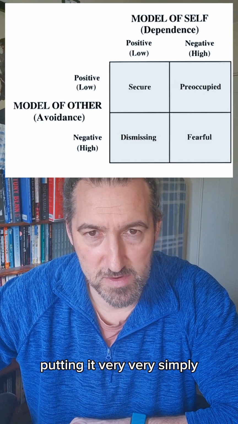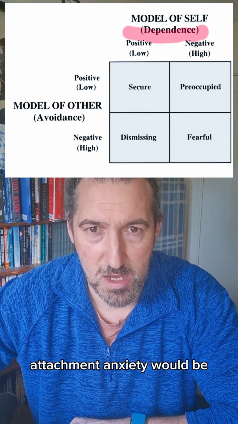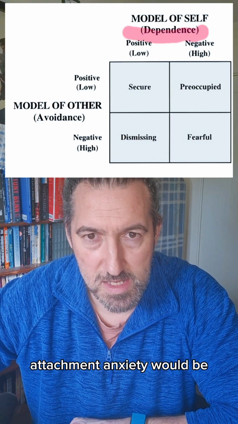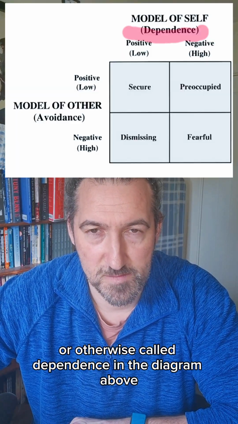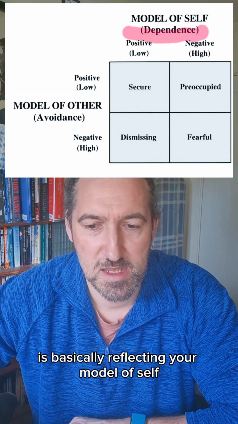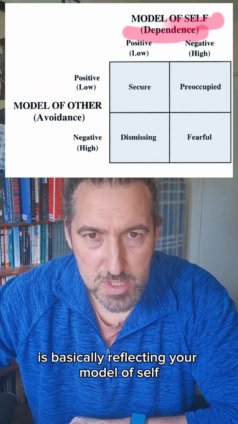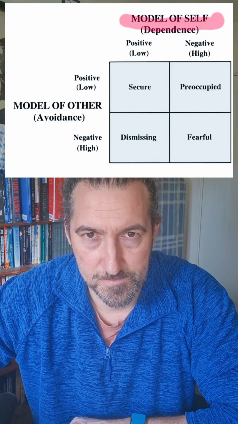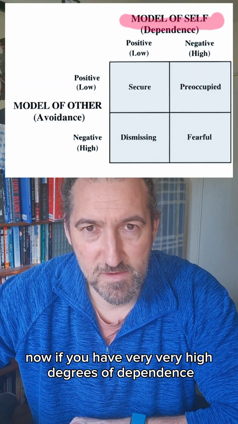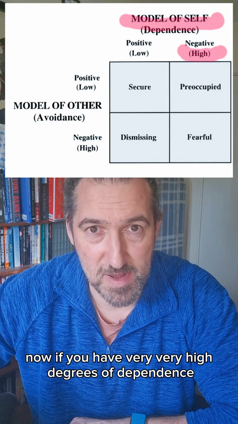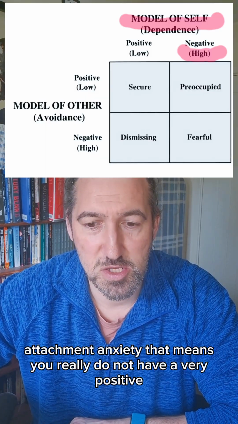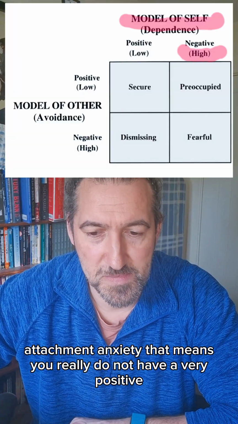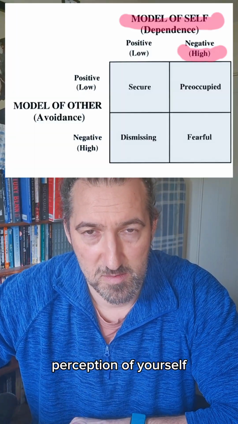Putting it very, very simply, attachment anxiety, otherwise called dependence in the diagram above, is basically reflecting your model of self. If you have very high degrees of dependence or attachment anxiety, that means you really do not have a very positive perception of yourself.